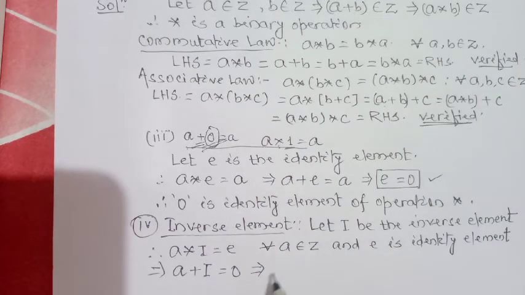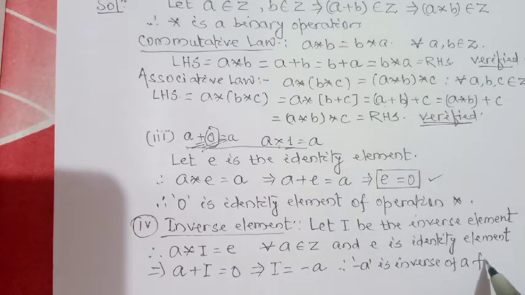Now find out the value of I, which is minus A. So minus A is the inverse element, therefore minus A is the inverse of A for the operation star.